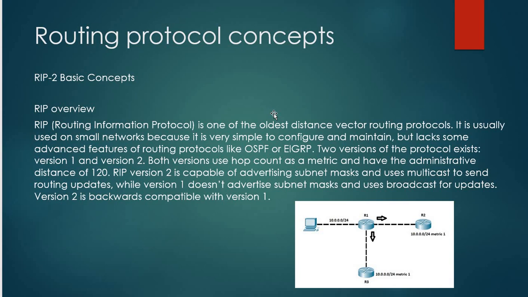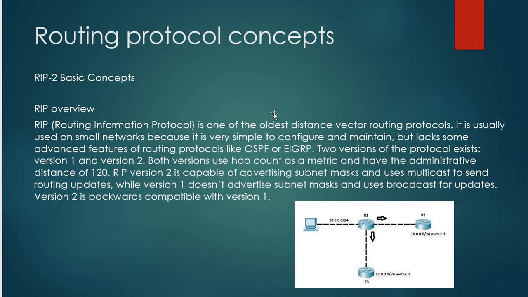While version 1 does not advertise subnet masks and uses broadcast for updates. So the difference is that RIP2 advertises subnet masks and uses multicast to send the routing updates, but version 1 does not advertise subnet masks and uses broadcast instead of multicast.